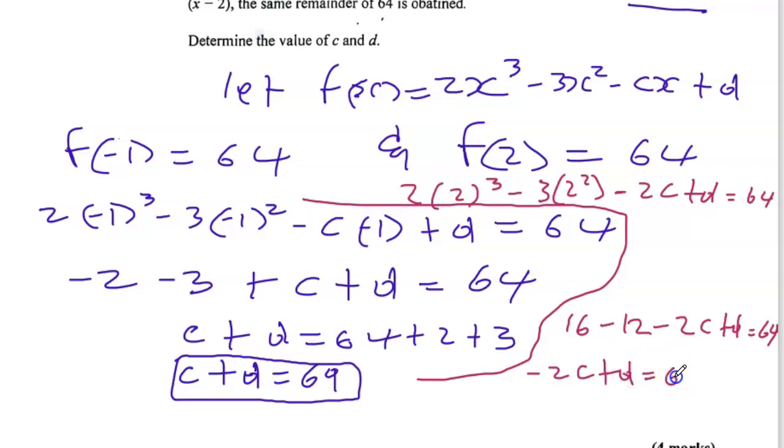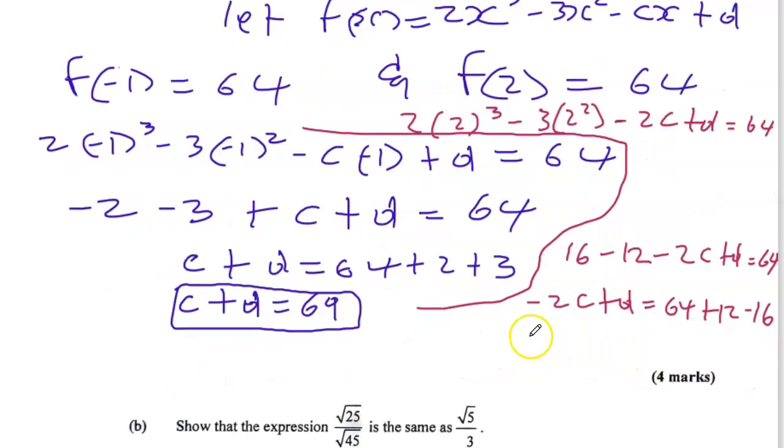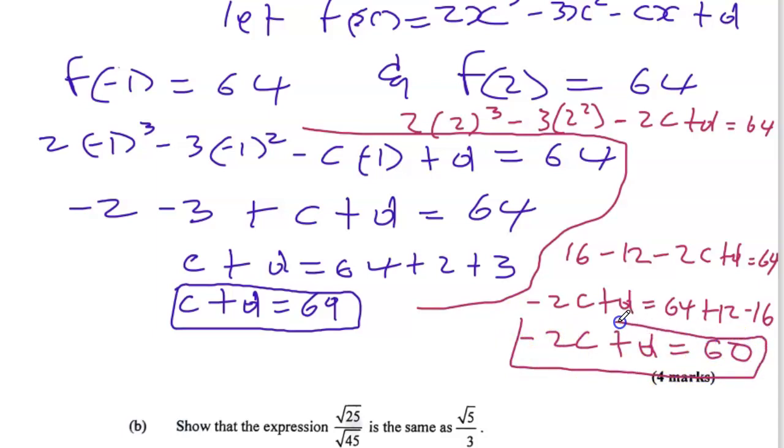So minus 2c plus d is equal to 64 plus 12 minus 16, which gives me 60. So this is the other equation in the pair.